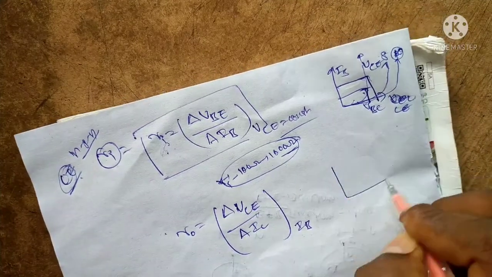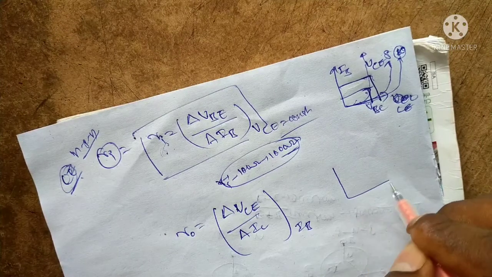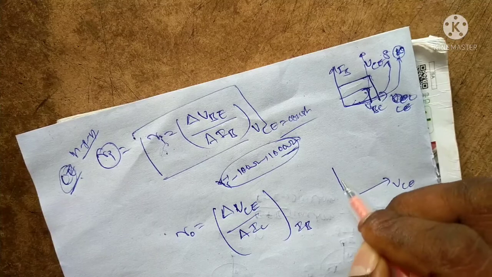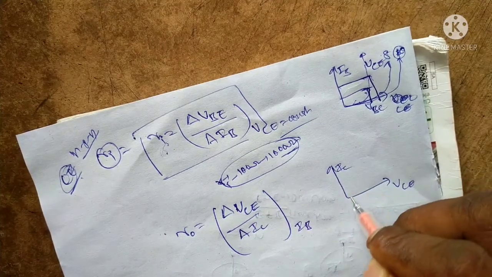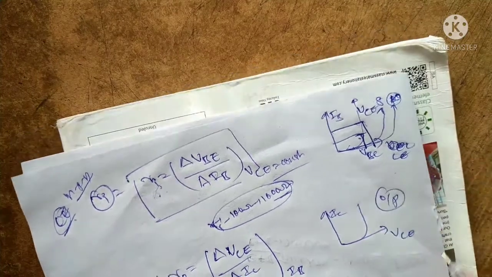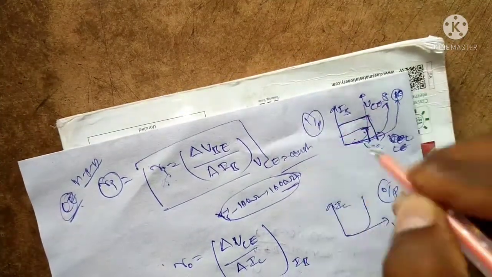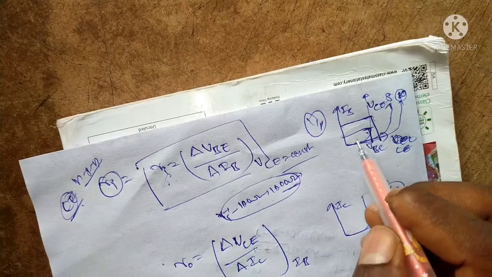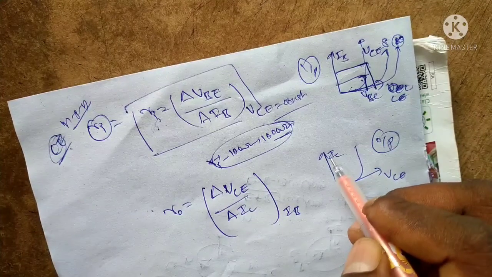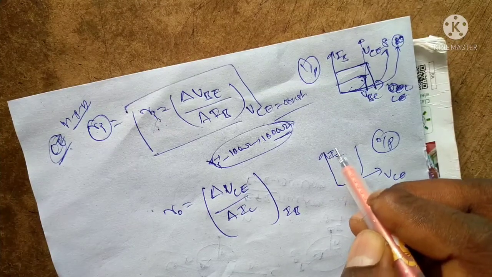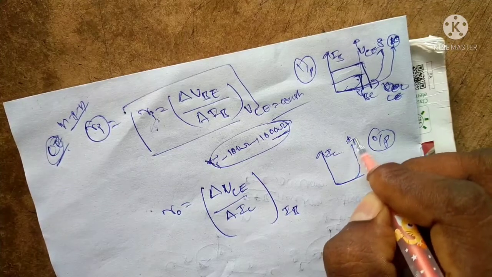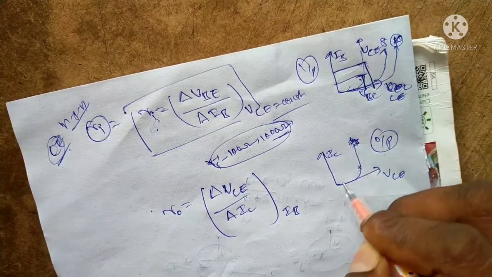For the graph, VCE is on one axis and IC current on the other. This is the output characteristics of the CE configuration, and that was the input characteristics. There is a variation of IB with respect to VBE, and here IC, the collector current, changes with VCE at constant IB.